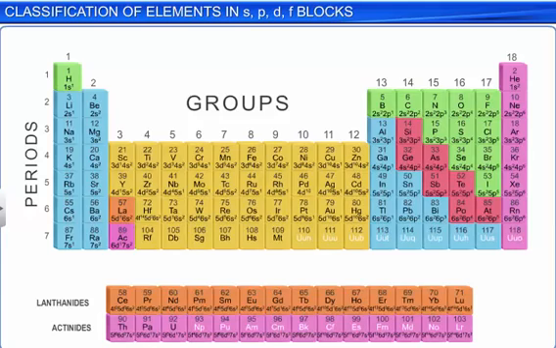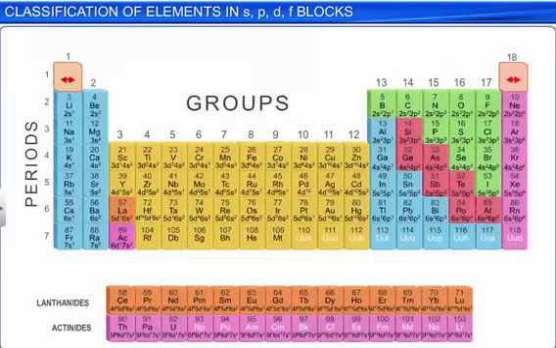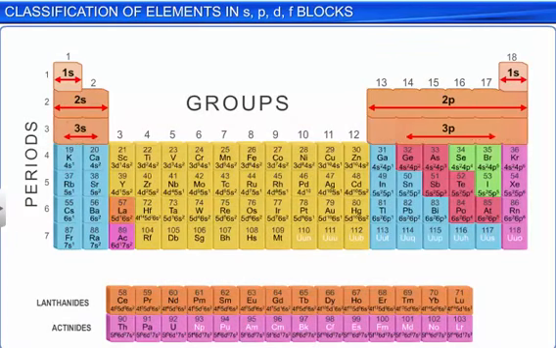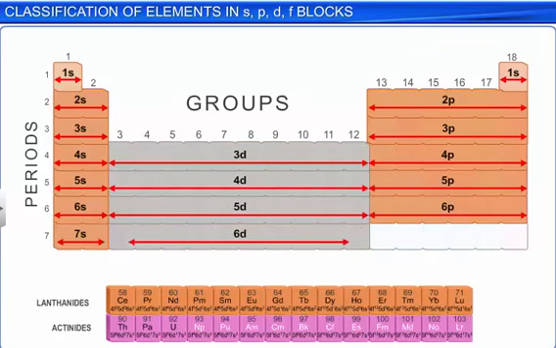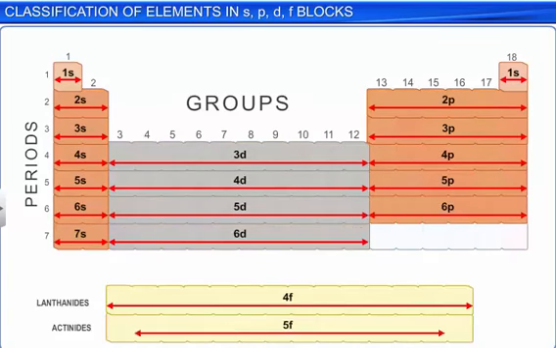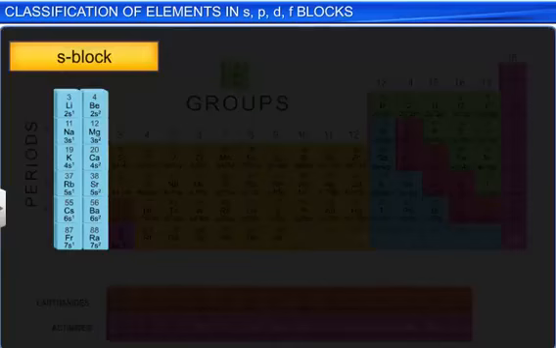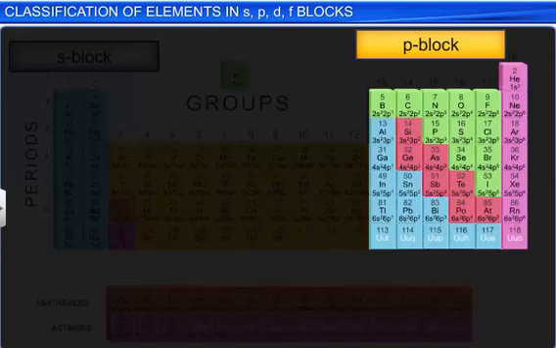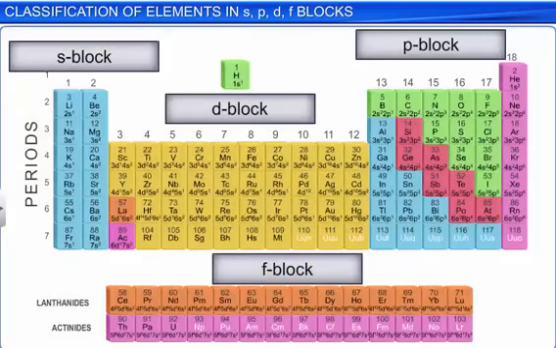8. The position of an element in the periodic table is based on its valence shell electronic configuration, based on the type of atomic orbitals which receive the last electron or differentiating electron. These elements are categorized as s, p, d, and f block elements.